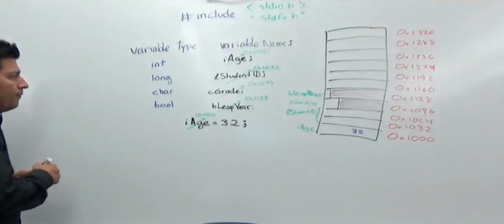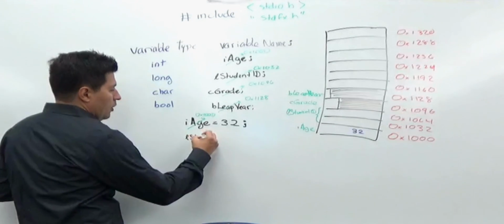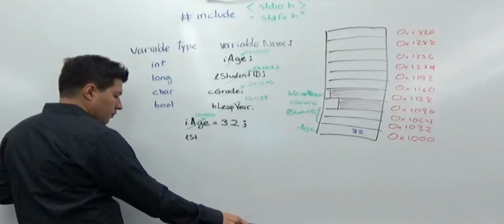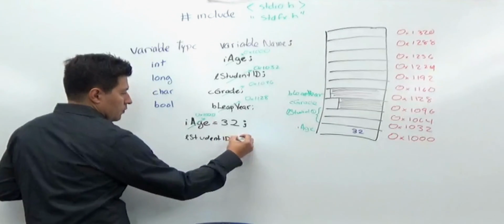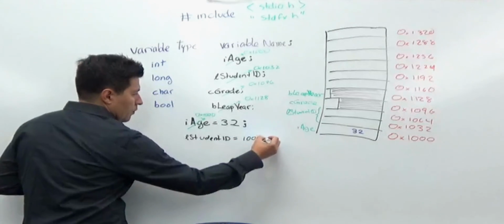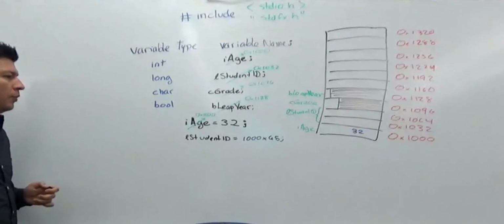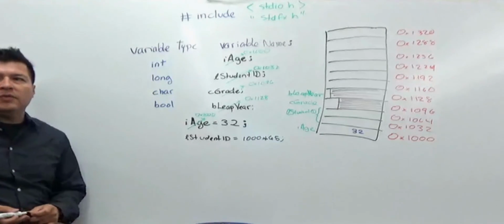I could say, you know, student ID equals, I don't know, so I put an expression, 1000 times 65.